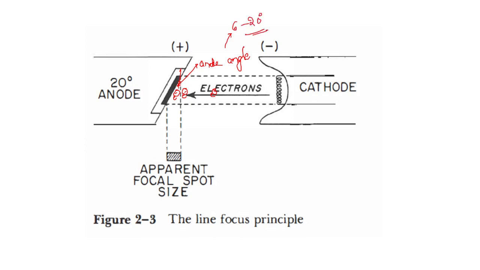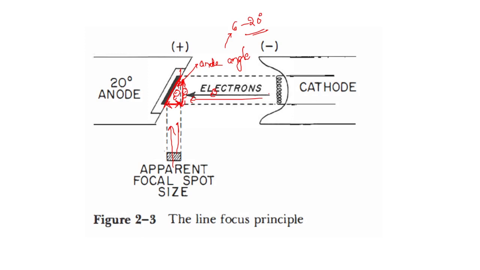Because of this angulation, if you view the focal spot from the direction of the electrons, this is the big, large focal spot. Whereas if you view the focal spot from the direction of X-ray production, this is the focal spot. This is the focal spot we get when electrons are produced, and this is the focal spot if you view it from the direction of X-ray emergence.